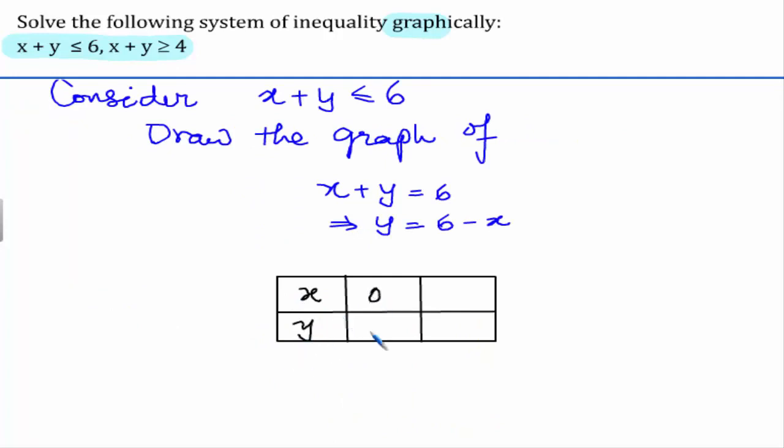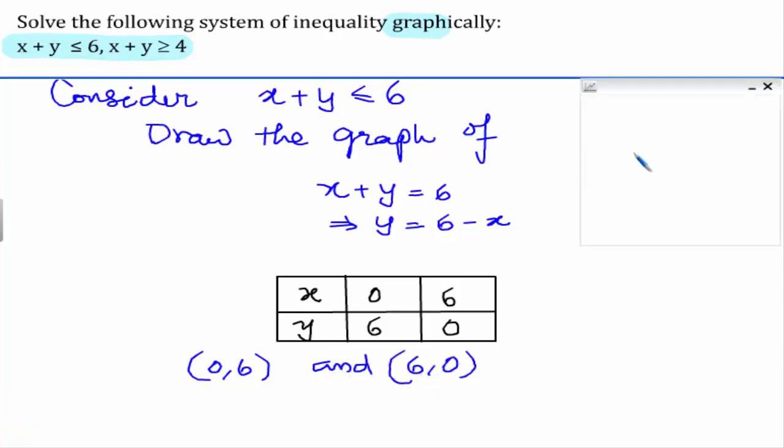If x is 0, then y will be 6. If x is equal to 6, then y will be 0. So the ordered pairs which we get here are 0, 6 and 6, 0.